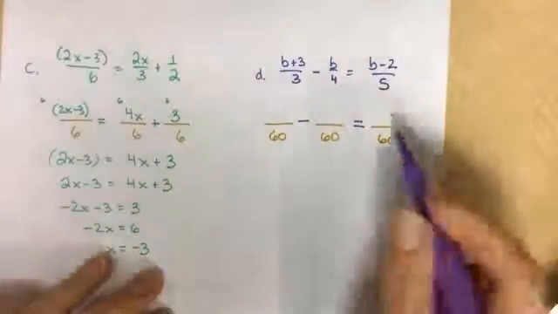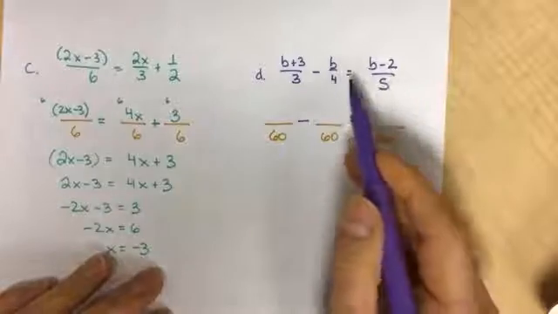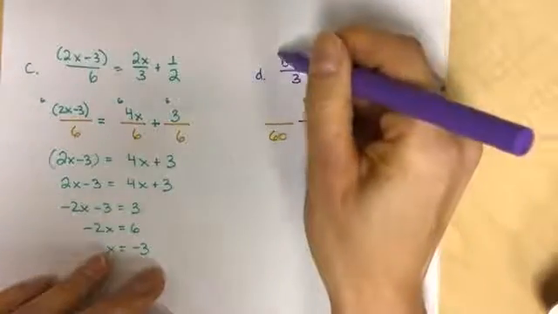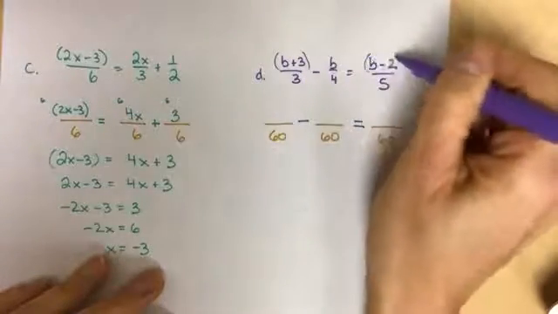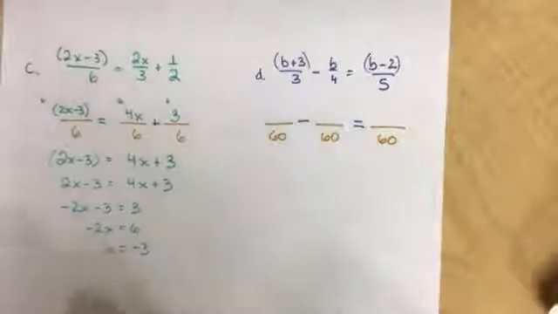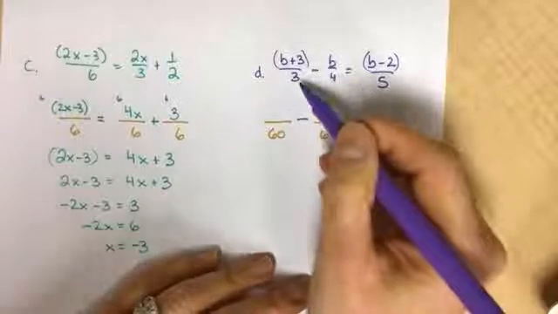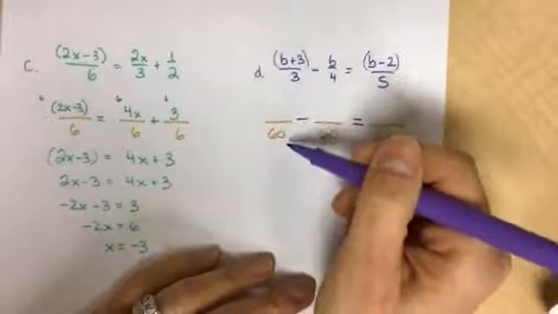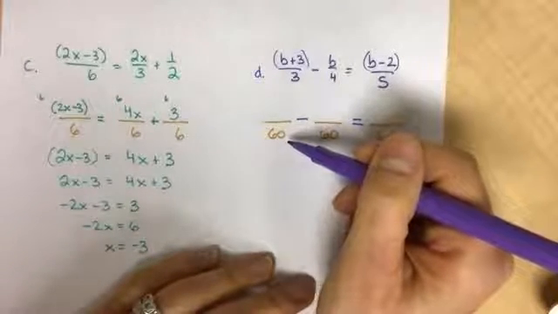Now, whenever I have something in a numerator like b plus 3 or b minus 2, the first thing I'm going to do is put parentheses around it. I just want to be sure that I know that it's all part of the numerator. Now, to turn 3 into 60, I need to multiply by 20.